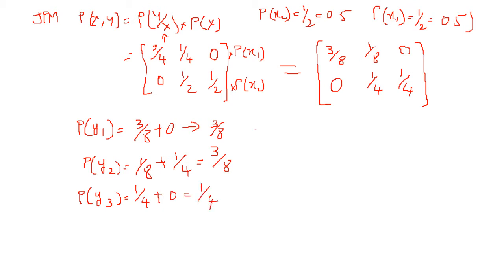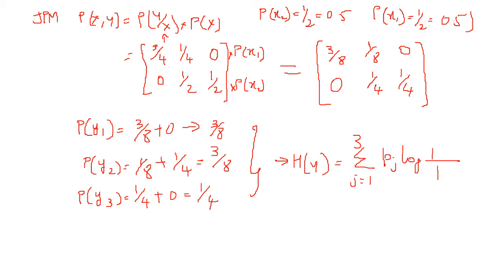Now by knowing these output probability values, we can find H of y, which is nothing but the summation over j equal to 1 to 3 of pj into log of 1 by pj.